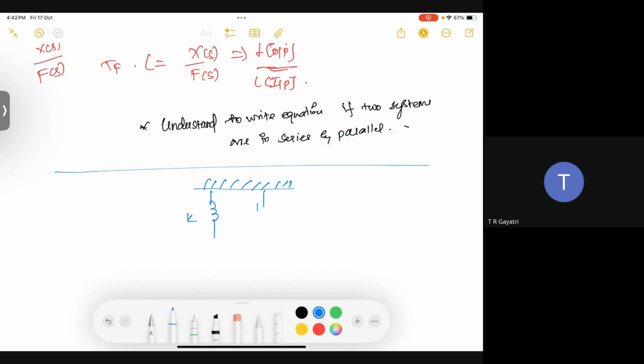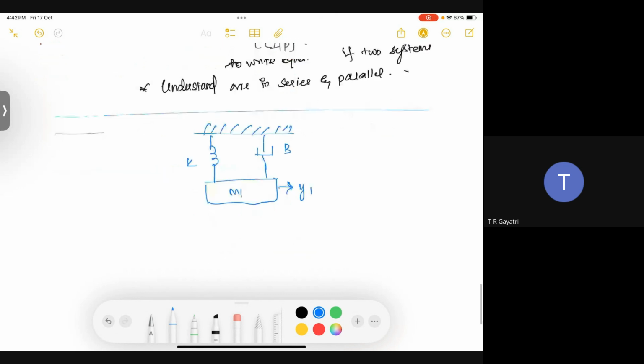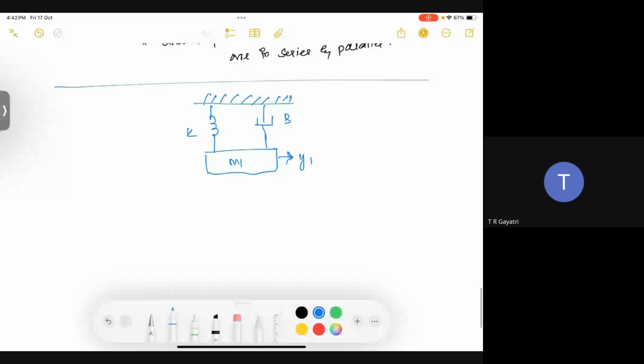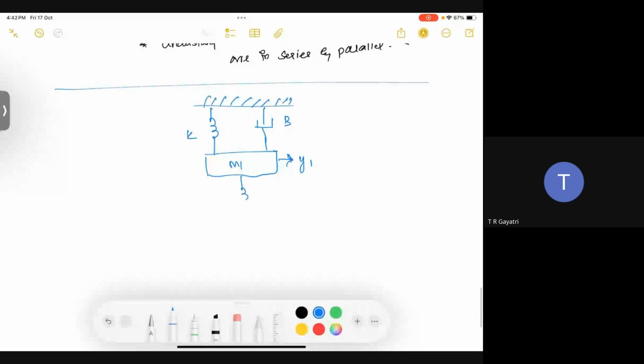It's a fairly famous problem. Wherever you see a question on this, you might be asked this: the displacement acting on this mass is y1, and there is another spring that is common to m2. The displacement here is y2.